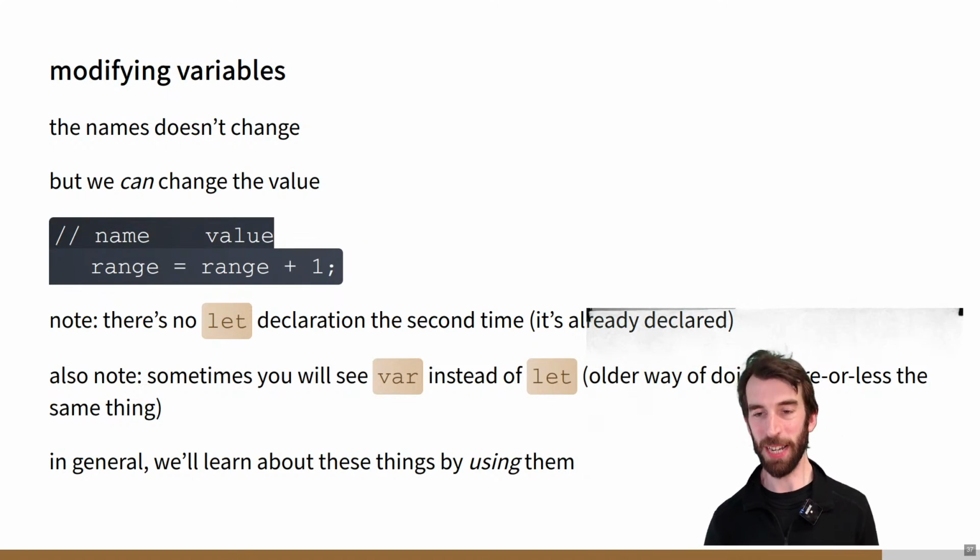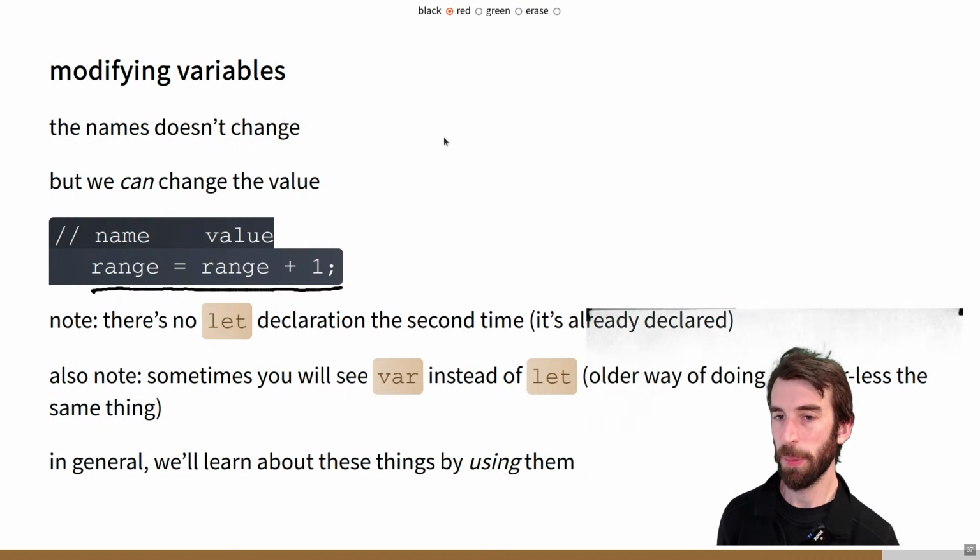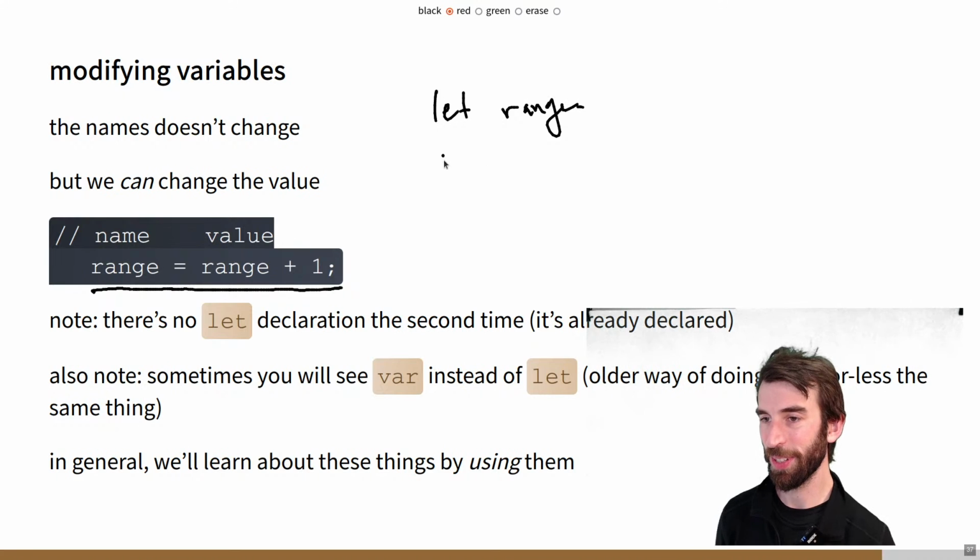We can also modify variables, and this is a little programming pattern which you might not have seen before if you're new to computing, but we do it all the time in computer science. So I've got a value called range, let range. I've initialized it.